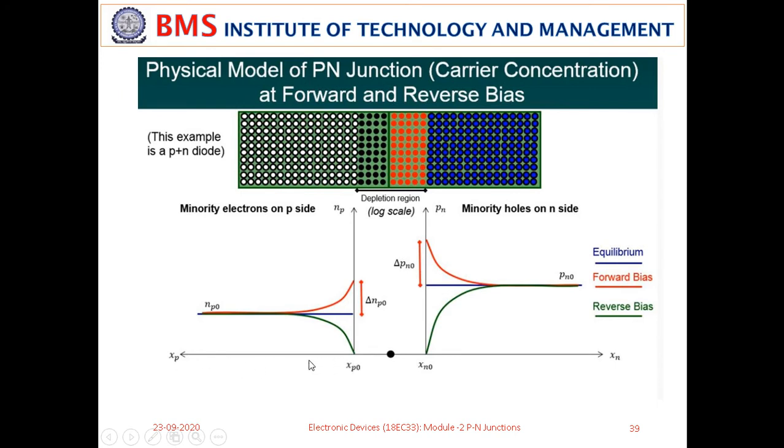This distance we have indicated as xp. Xp naught is the edge of the depletion region, but this distance we can extend. This is negative of course. The complete axis starts from the edge and ends at xp. Same way here, xn naught, and when moving deeper that distance is shown as xn.